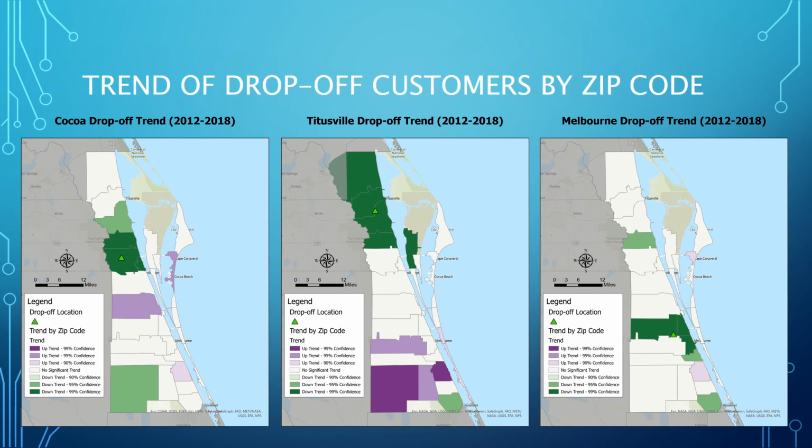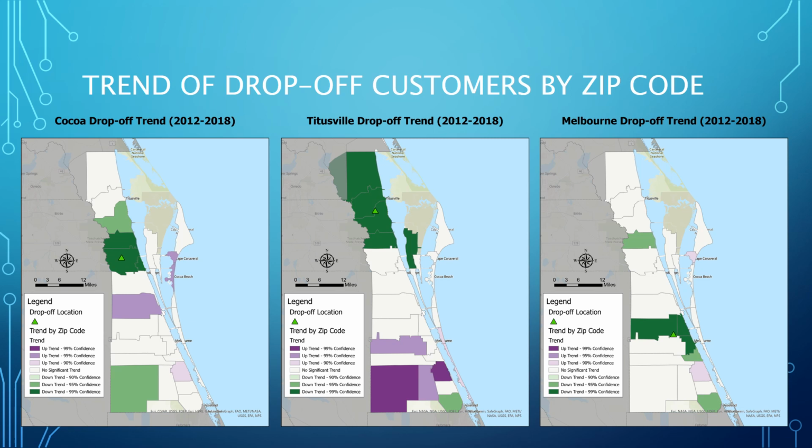You may also notice that on the southern end of the county there is a mixed trend for the drop-offs, but those areas for the Cocoa drop-off location are ignored because the number of drop-off customers is really low. For the Titusville location, it generally shows a downtrend, so the green color tells it.